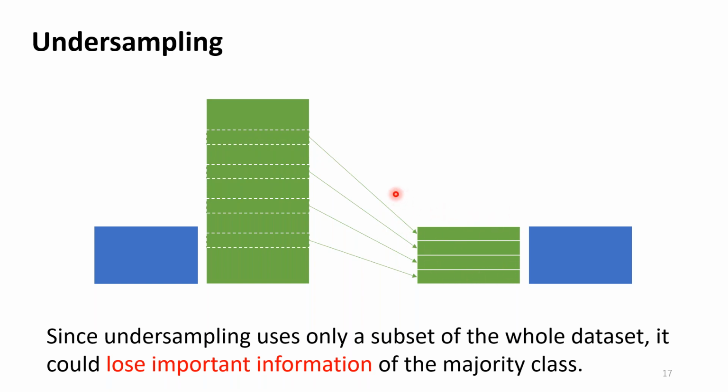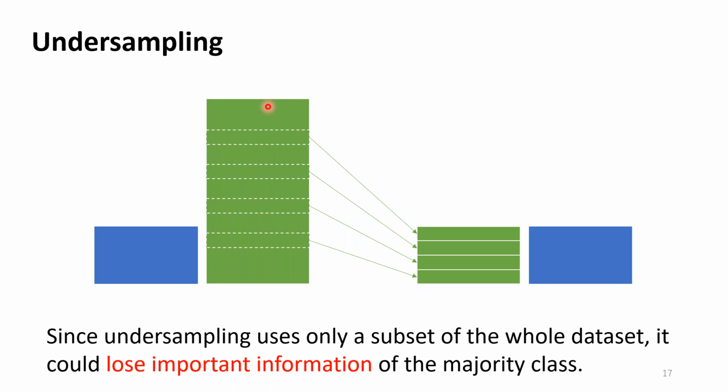However, since undersampling uses only a subset of the whole dataset, it could lose important information of the majority class. For example, this data information is lost, and therefore the predictive performance is lowered. So when we use small or medium-sized data, undersampling is not appropriate. So oversampling is a better way to deal with imbalanced classification problems.